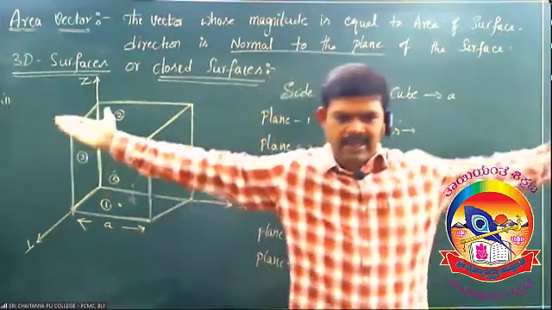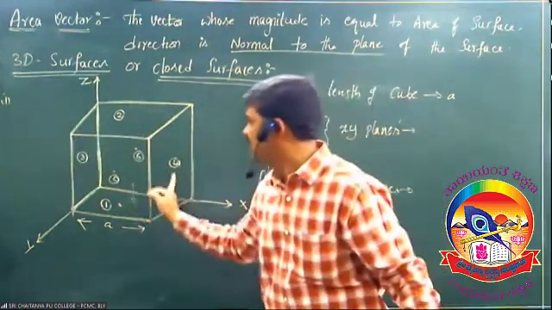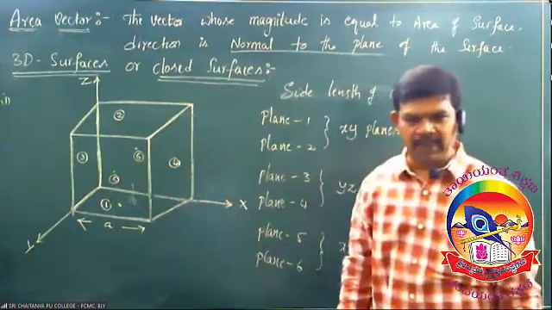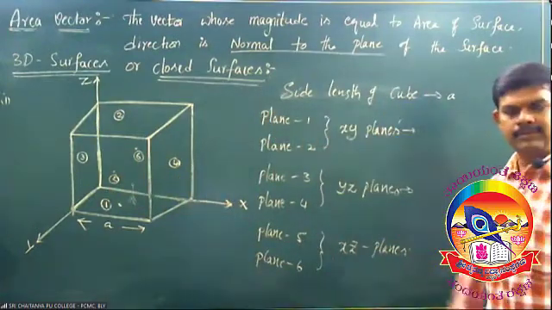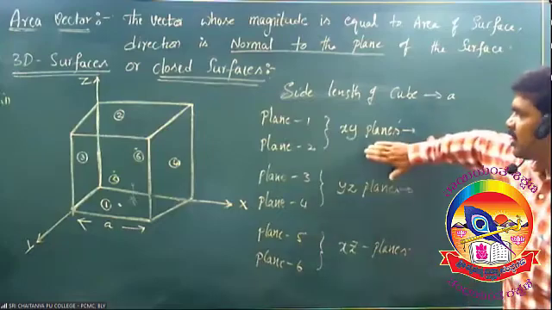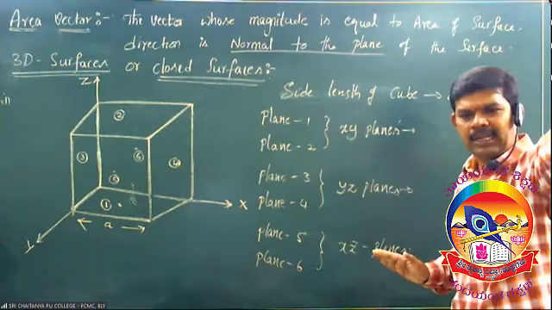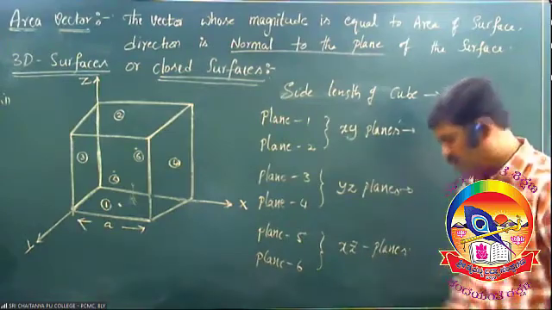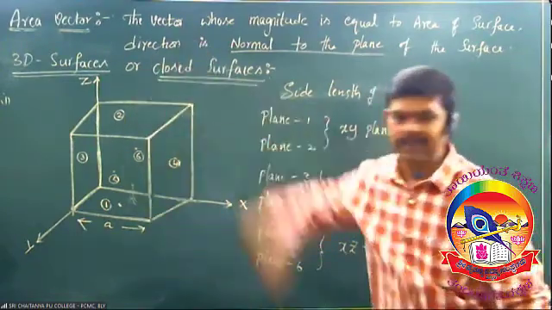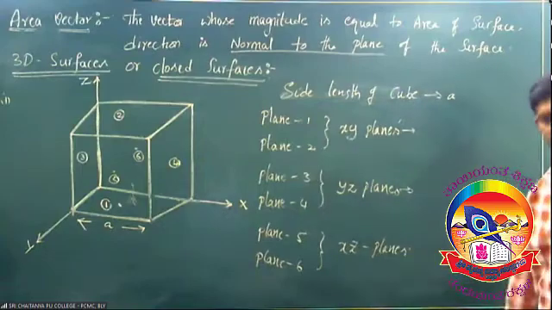These side planes are YZ planes, and the remaining ones, another wall, another plane, are formed by what and what? X and Z, XZ planes.